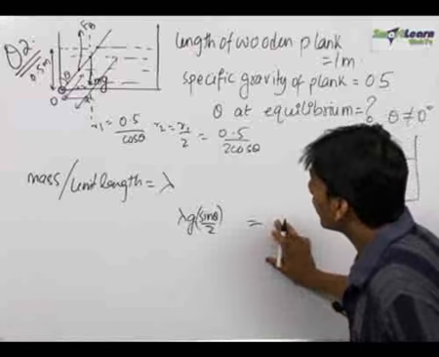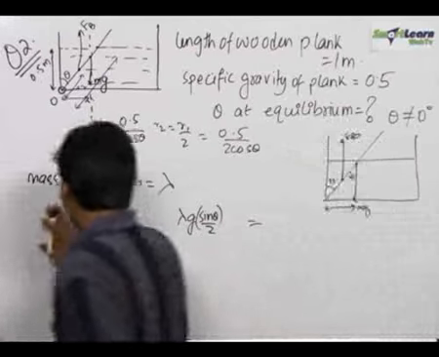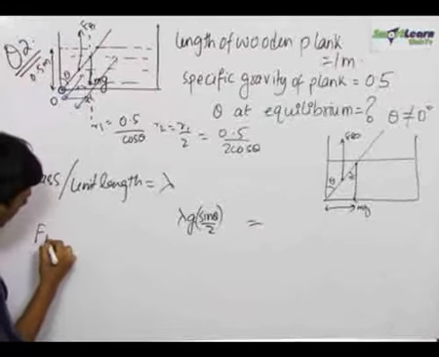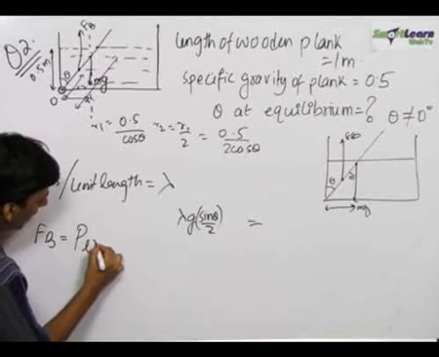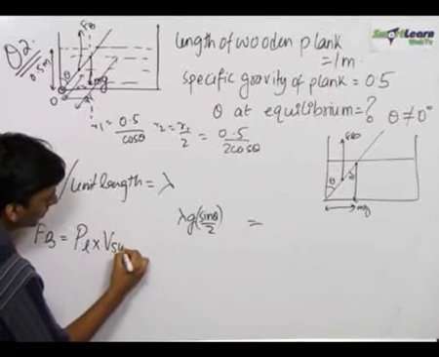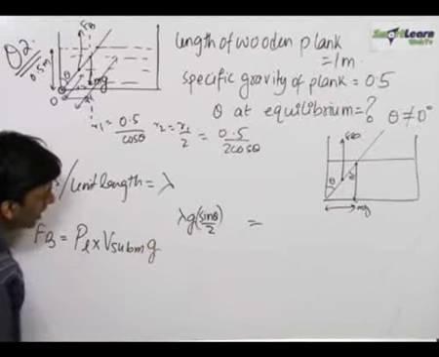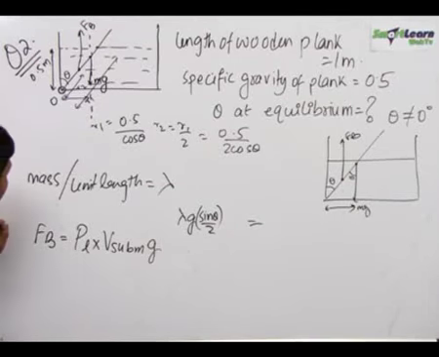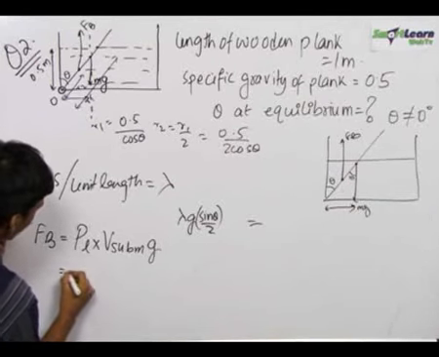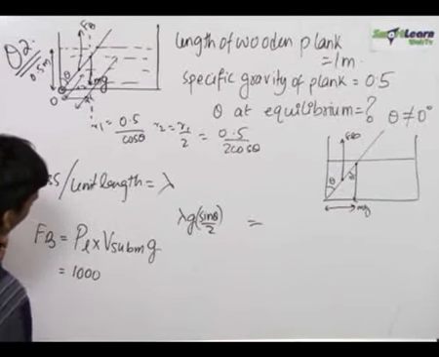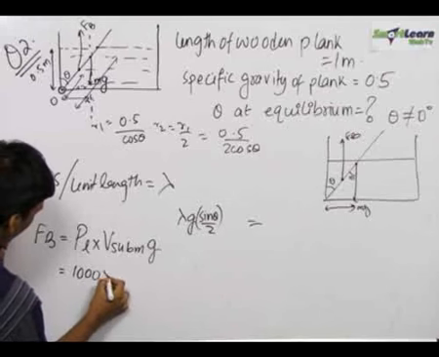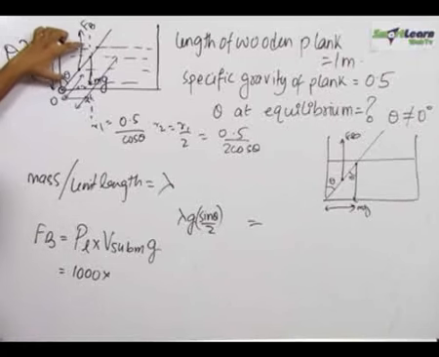Now the magnitude of buoyant force will be equal to rho liquid into V submerged into g. Now rho liquid is equal to 1000, that is water, into volume submerged.